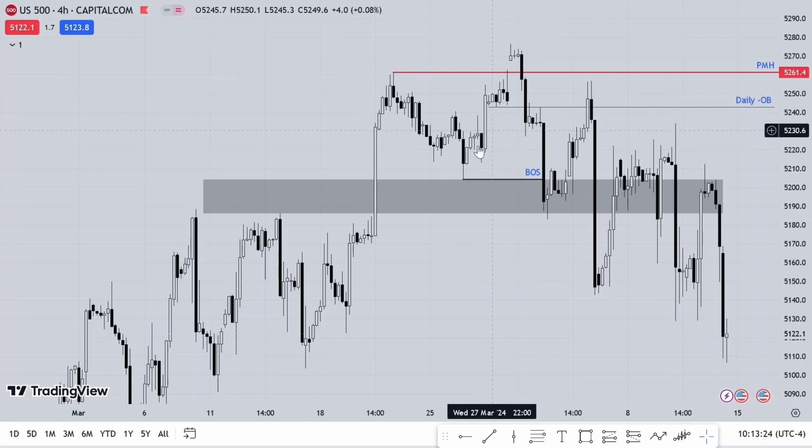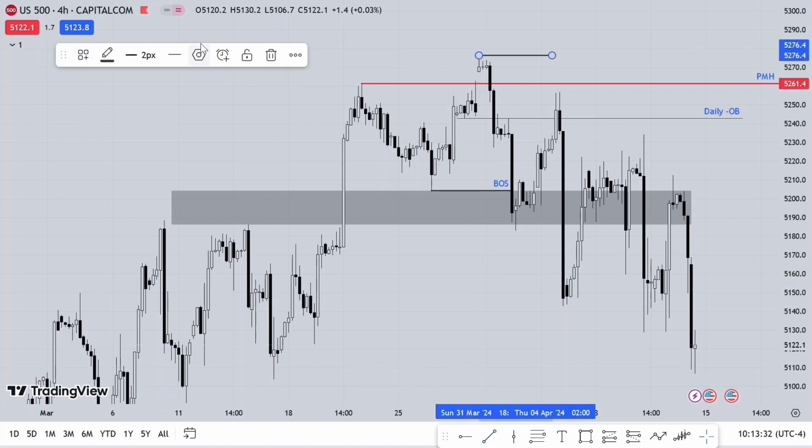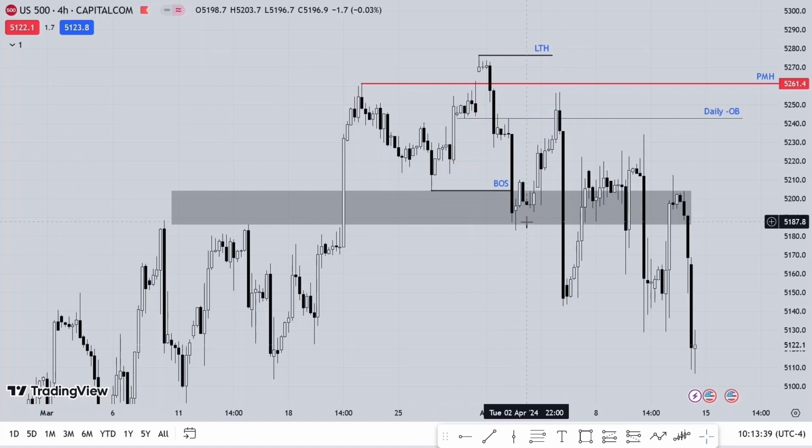Then price moved higher. So when this low was broken, this became the long-term high.